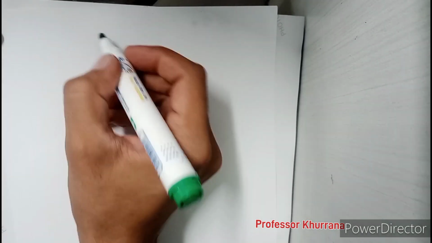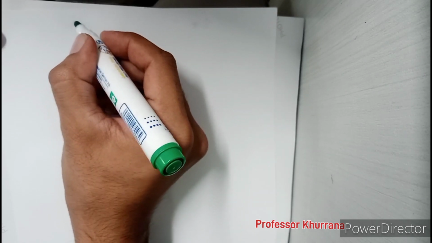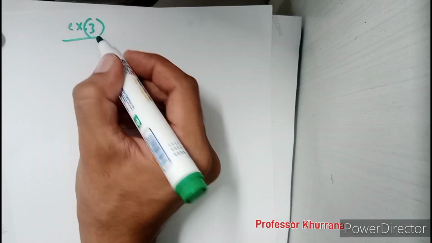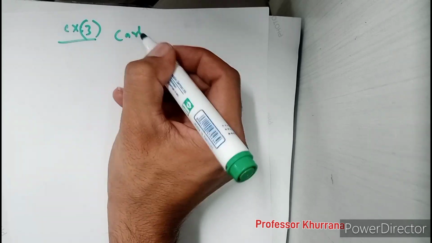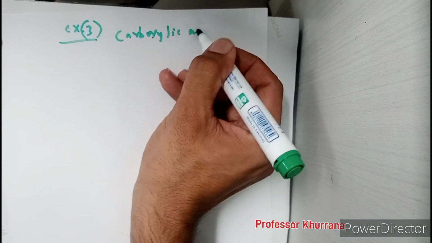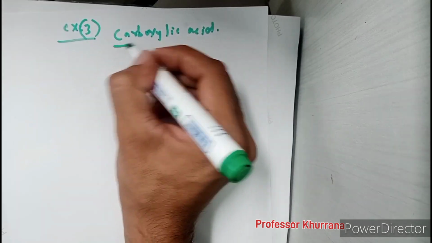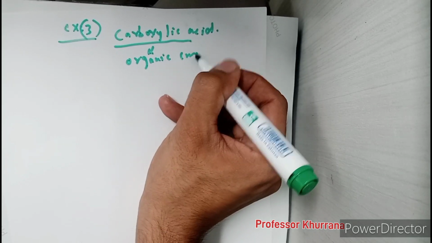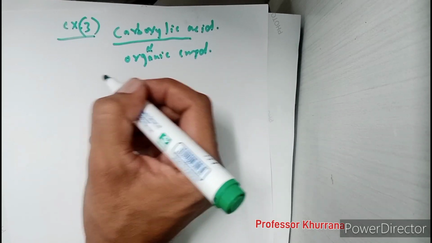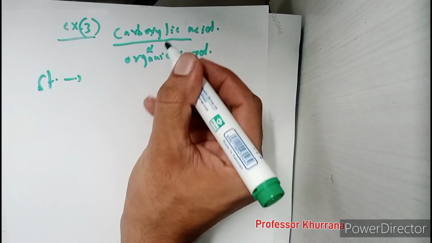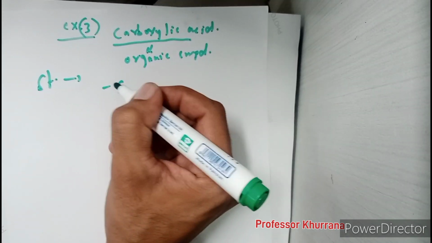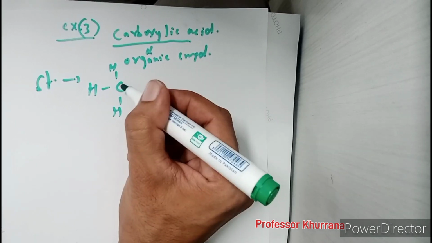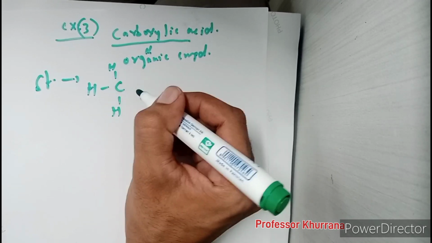In organic compounds, let's discuss example 3, that is carboxylic acid. Carboxylic acids are also organic compounds. Let's come to the structure of carboxylic acid. The 3 hydrogens are attached to carbon with single bonds.